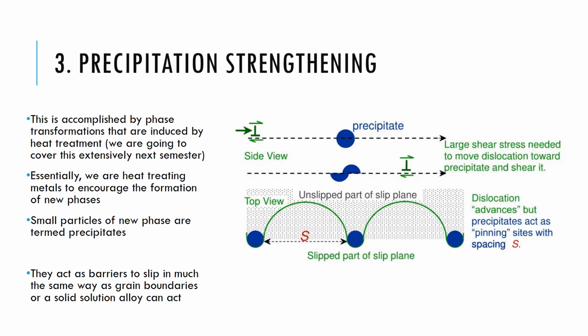But what we're doing essentially is heat treating metals. We encourage the formation of new phases. Okay, so basically we're heating them and cooling them down, and we gain small particles of a new phase, which we call the precipitated phase, and they are acting as barriers to slip in much the same way as grain boundaries or impurity atoms do.